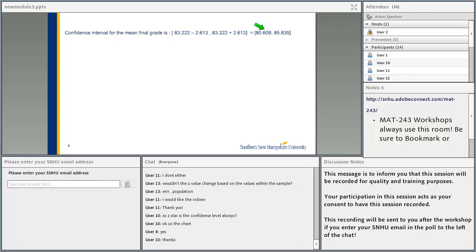The lower bound is 80.60 and the upper one is 85.835. So this is your range. This is your confidence interval. You can be 95% confident that if you were to calculate the population mean, the mean of all the scores of all the students, it would lie in this interval. So you're using your sample to find a range of values that will contain the population mean.